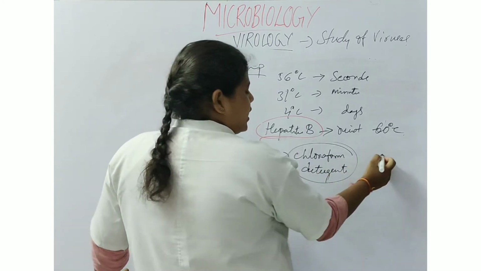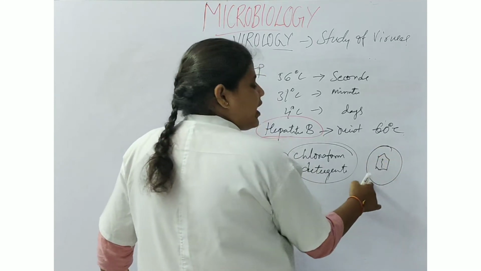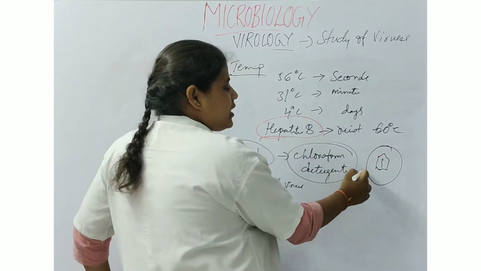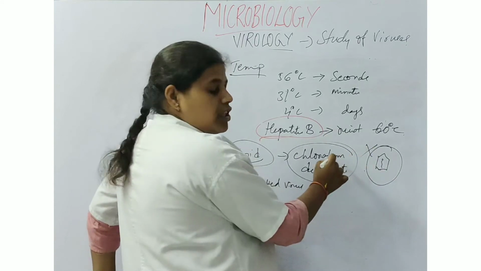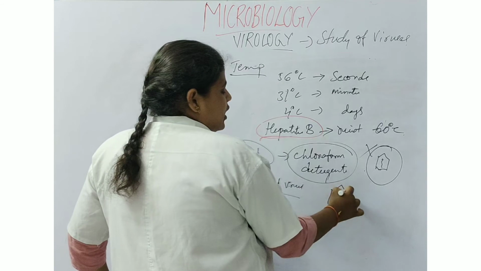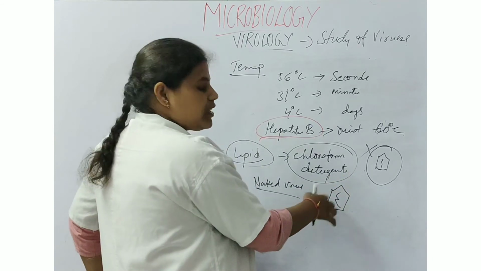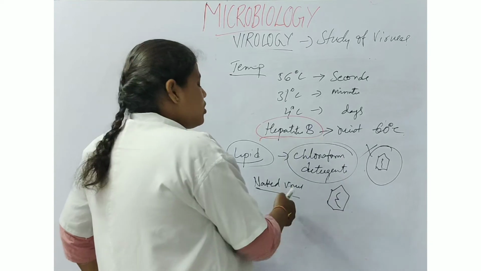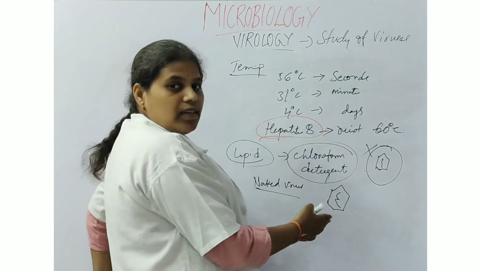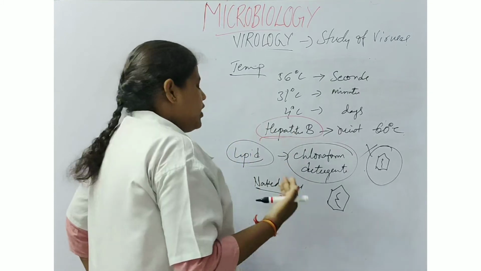We can inactivate viruses which contain an envelope, by using chloroform or detergents. But a naked virus does not contain an envelope. The envelope is absent, and it contains only the capsid and capsomeres. So we cannot inactivate the naked virus.